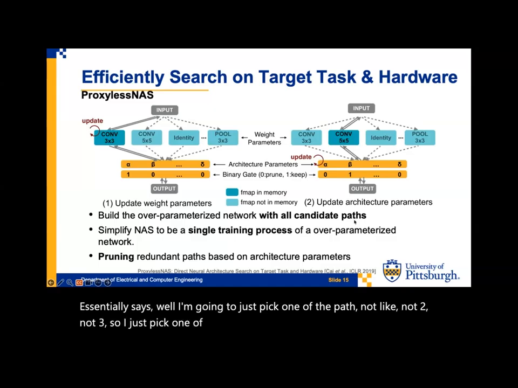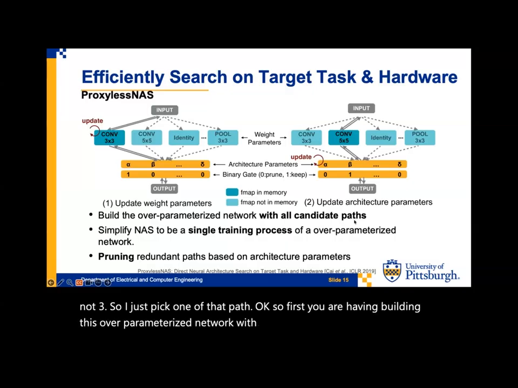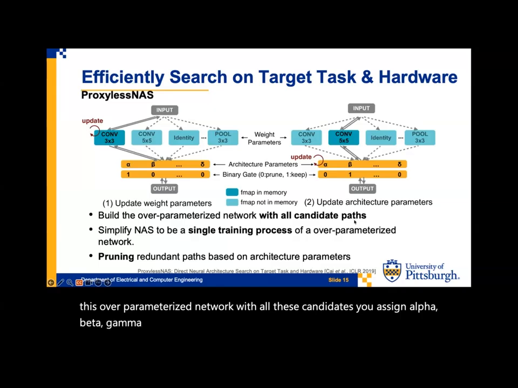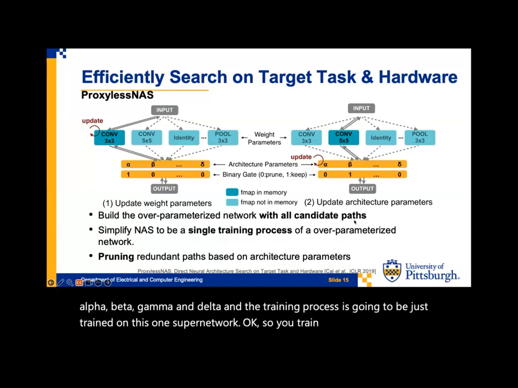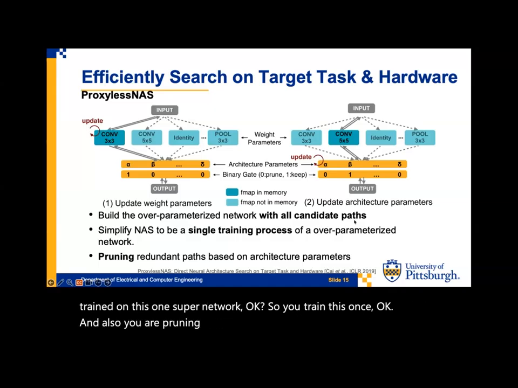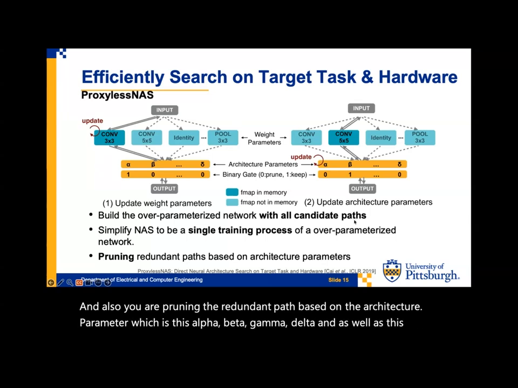So first you build this over-parameterized network with all these candidates. You assign alpha, beta, gamma, and delta. The training process is just training this one super network, so you train this once. Also, you are pruning the redundant paths based on the architecture parameters, which are this alpha, beta, gamma, delta, as well as this binary gating.